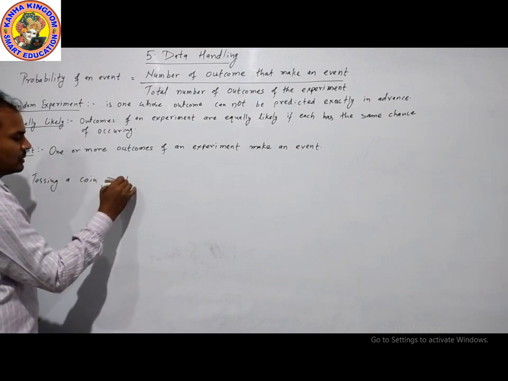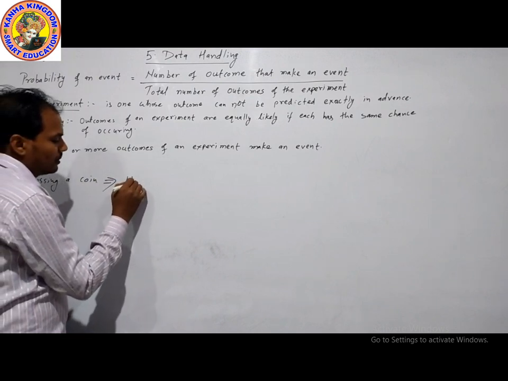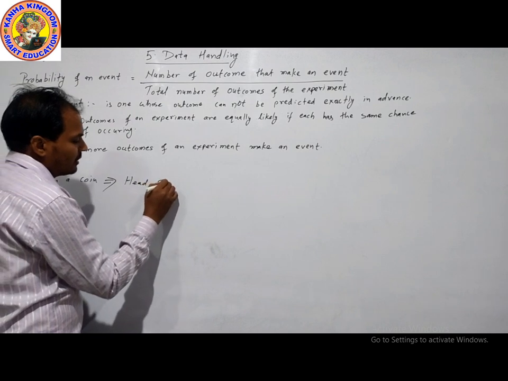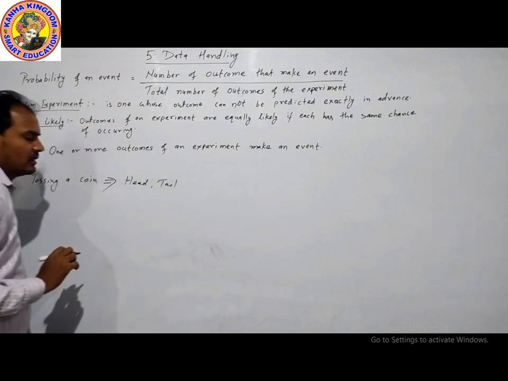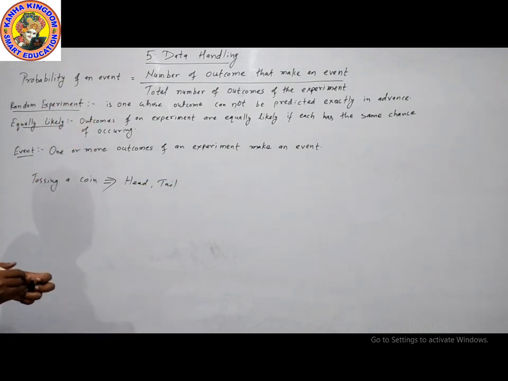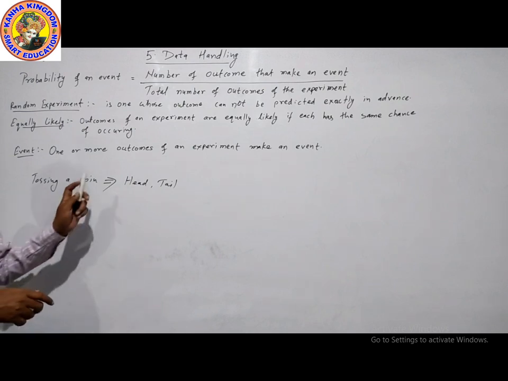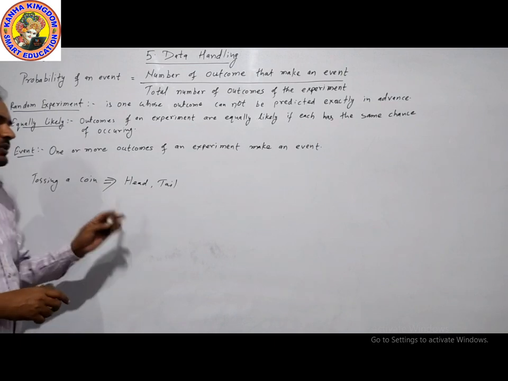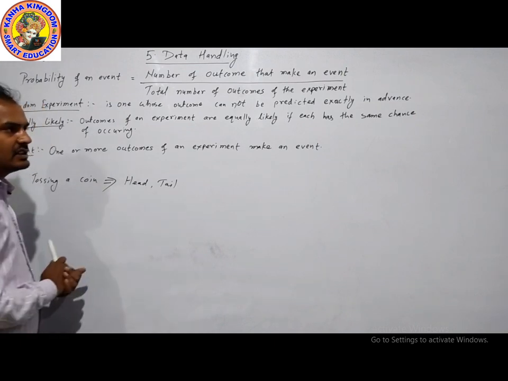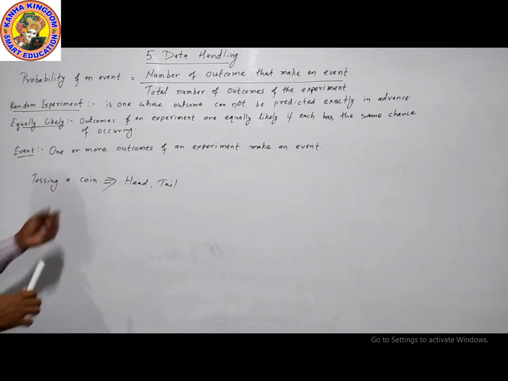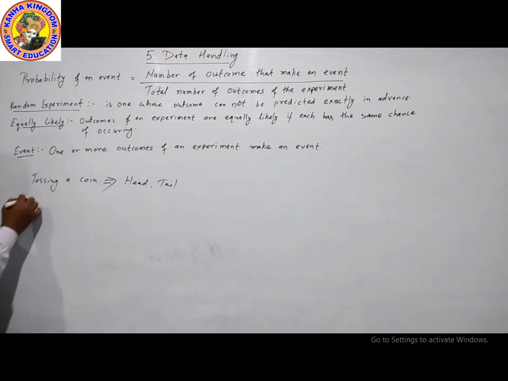There are two possibilities, head and tail, but we cannot say exactly whether the head will come or the tail will come. So this is a random experiment.